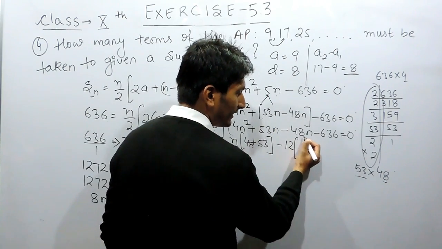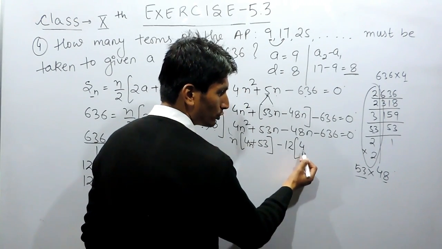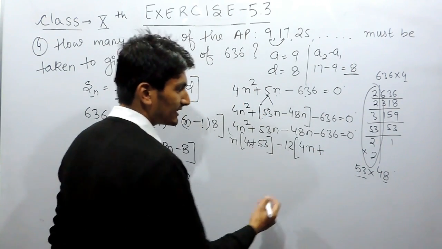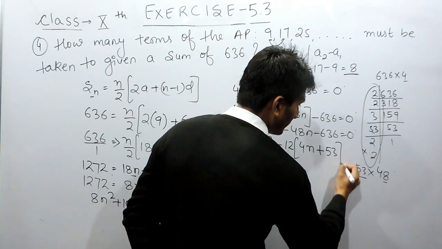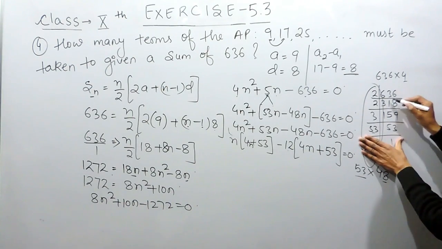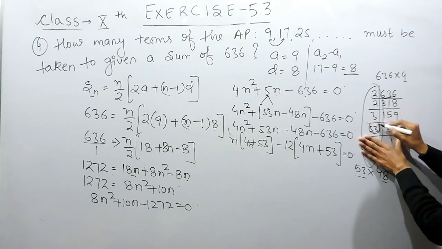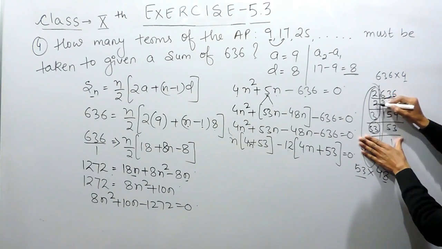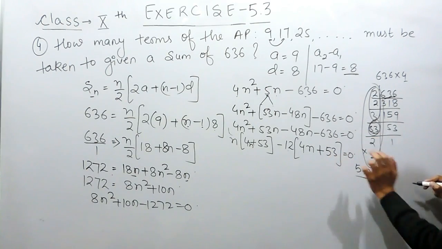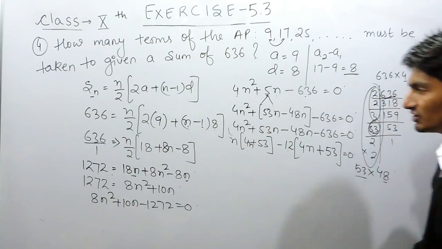So from 48, if 12 is taken out, only 4 will remain inside the bracket, because 12 into 4 is 48, and from 636, if 12 is taken out, only 53 will remain inside the bracket, because I can write 636 as 2 into 2 into 3 into 53, and if I take this 12, which is 2 into 2 into 3, as common, obviously 53 will remain inside the bracket. Now because I have taken minus here, both the signs will change.